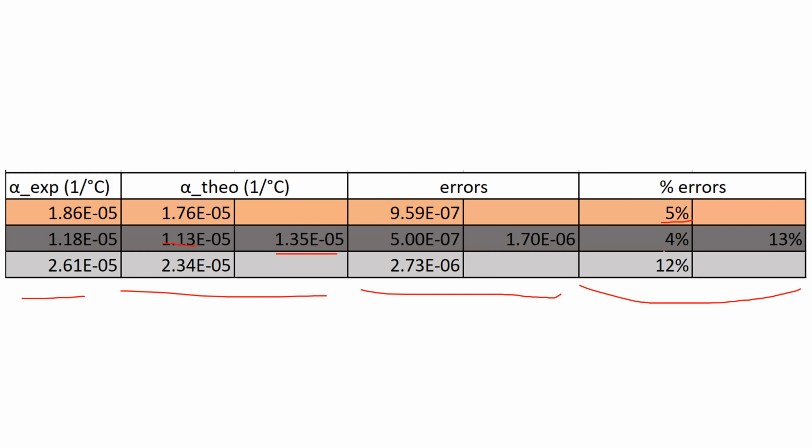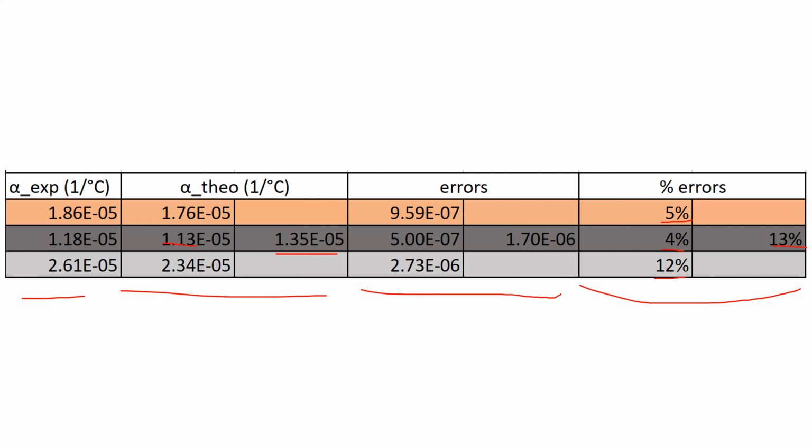For steel, remember, theoretically you can say there was 0% error because it was between the two possible values, but if we calculate them individually, it's 4%, or at the worst case, 13% error. And for aluminum, it was a bit higher than copper, but I would say it's still really small, 12%.